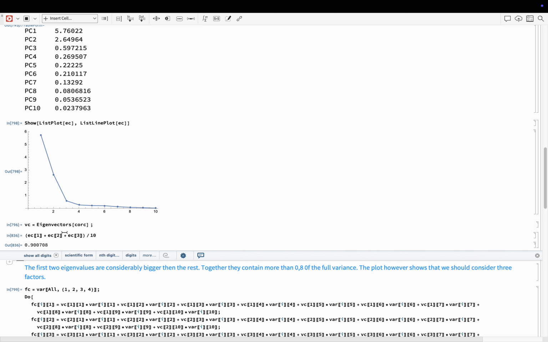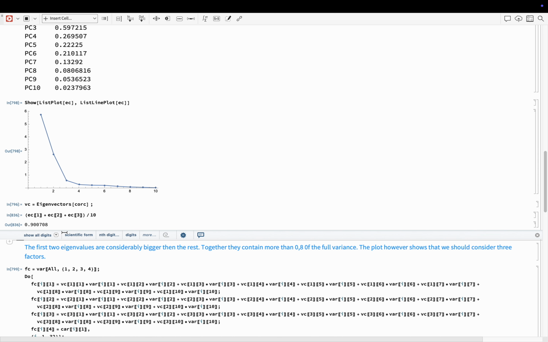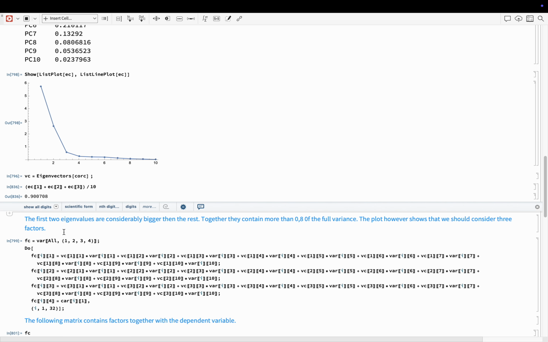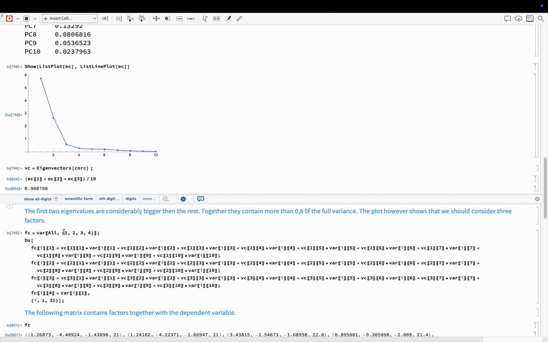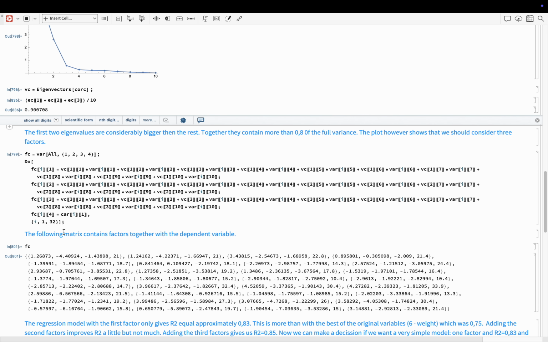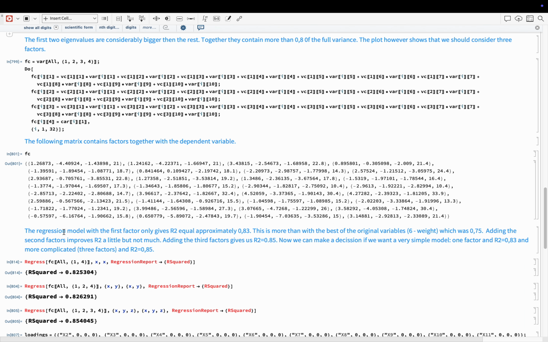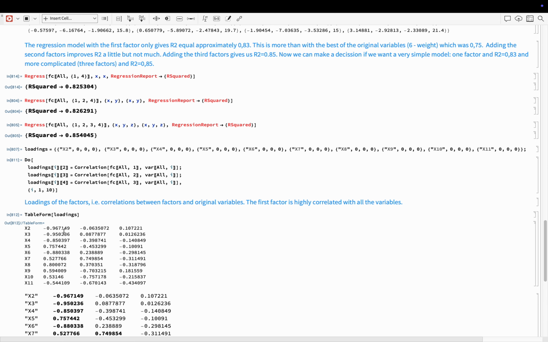So either 2 or 3 principal components should be used. We can decide later. Let us look at what happens. We calculate our factors, and we look at regression models with 1, 2, and 3 principal components.